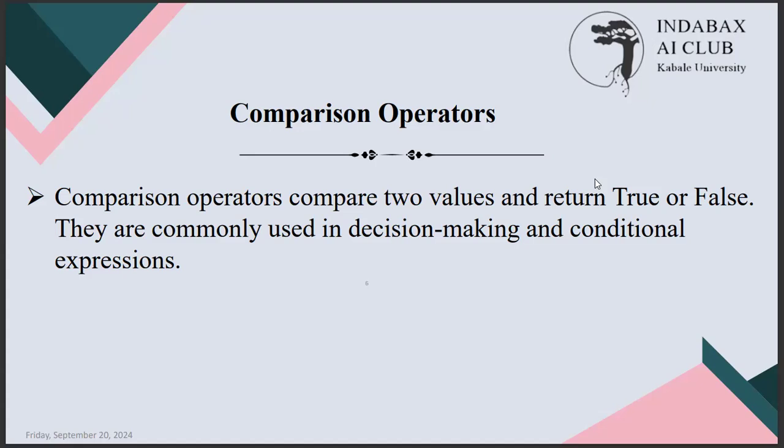These are mainly useful in decision making and conditional expressions. In our next episode, we shall be looking at conditional statements, loops, and decision making, and you will see that these comparison operators will be handy in those two areas. So make sure you understand them and you're very good with them.